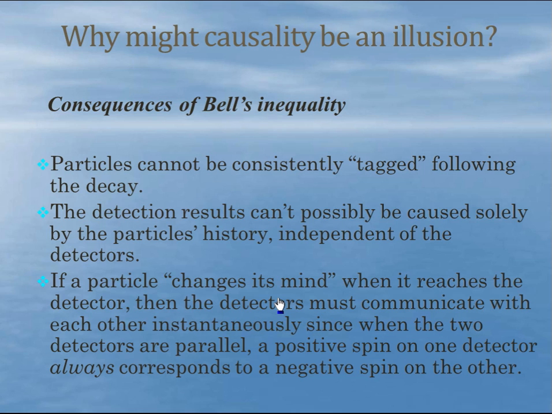Now, if somehow the particle does change its mind when it reaches the detector, then the detectors must communicate with each other instantaneously, since when the two detectors are parallel, a positive spin on one detector always corresponds to a negative spin on the other.